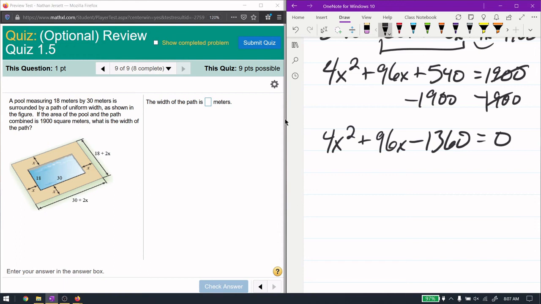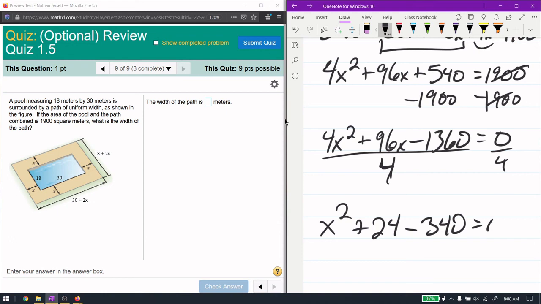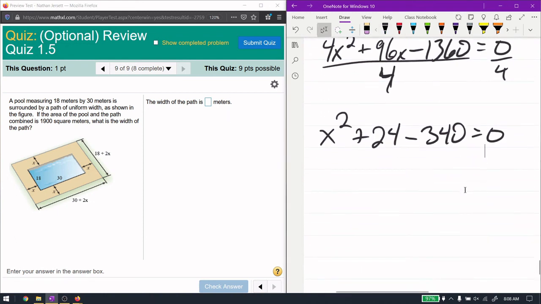Now hopefully you can see that I should be able to divide everything by 4. That's going to make the problem easier to work with because the numbers are going to be smaller. You get x squared plus 24x, since 96 divided by 4 is 24, minus 340, since 1360 divided by 4 is 340. Okay, now we can try to factor this and solve.